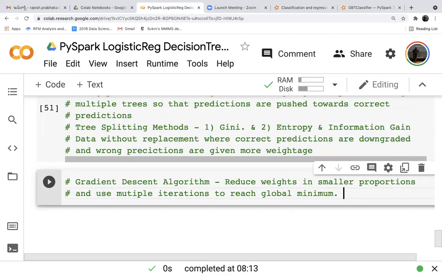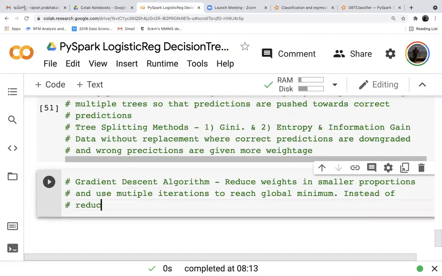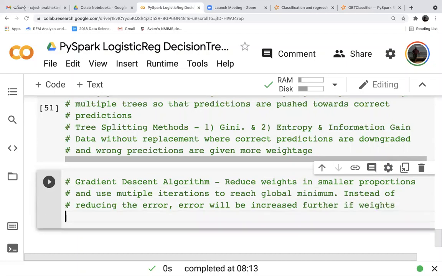Don't try to do it in one single go, because what happens is, instead of reducing the error, the error will be increased further if weights are reduced in larger proportions.